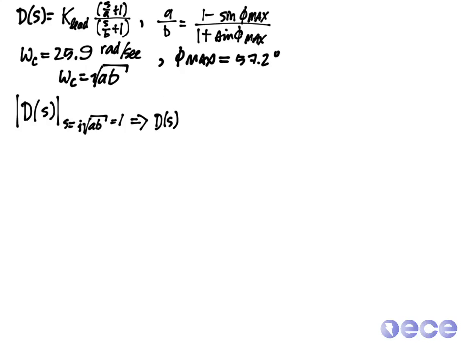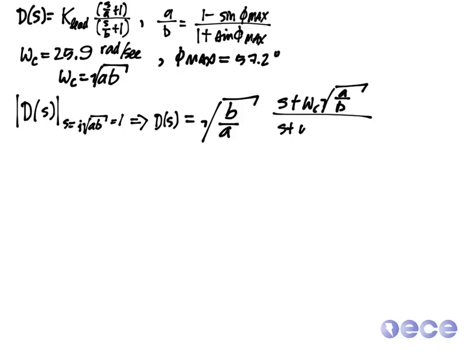Or in this case, D(s) equals the square root of b over a times (s + omega c square root of a over b) over (s + omega c square root of b over a).